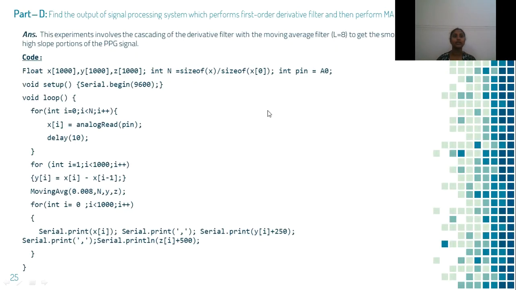So the final part of this experiment is to find the output of the signal processing system, which performs a first order derivative filter and then performs a moving average filter operation. So we have to consider the arrays and the size of the array and void setup. This is the serial begin and the void loop.